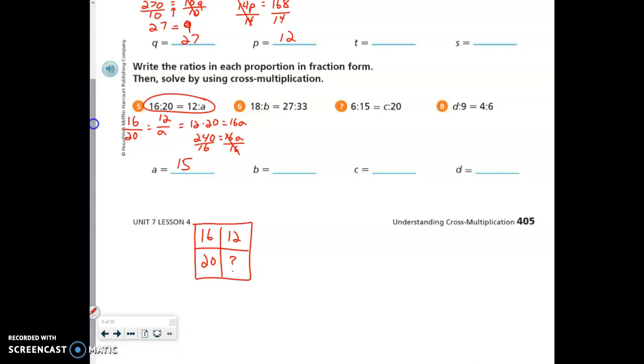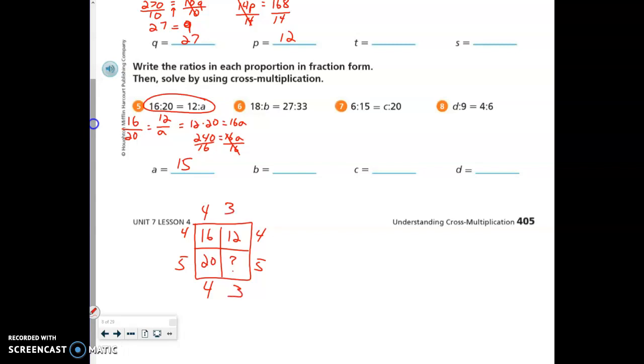All right? So as I look at 16 and 12, thinking about the common factors that go into that, I'm going to say that 4 goes into both of them, which they do. Okay, this one is 4 times 4. That makes this a 4 down here. That makes this a 5. That makes this also a 5. 4 times what gets me to 12? That should be a 3.